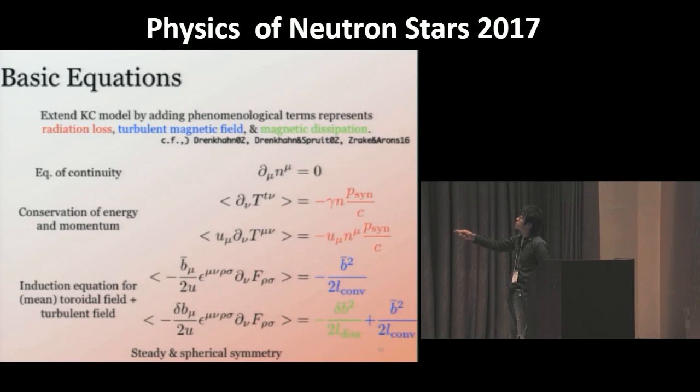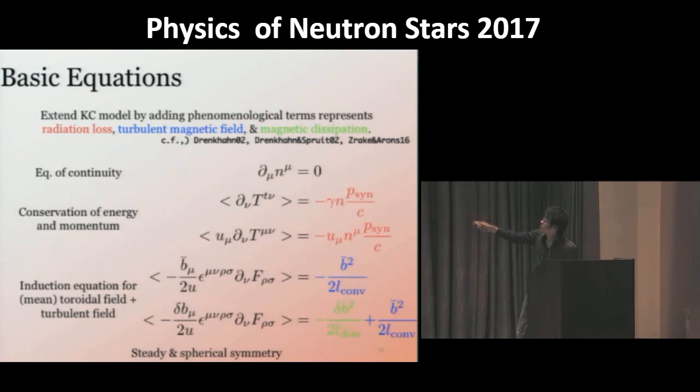Kennel and Coroniti did not include the radiation loss in the calculation, nor turbulent magnetic field and magnetic dissipation. These phenomenological terms were already introduced by these authors.